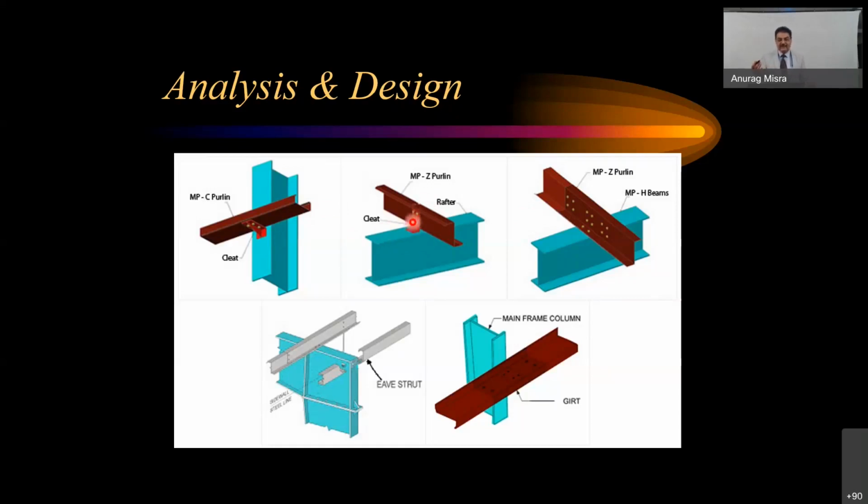Either it is welded when it is coming from the factory, or there is a provision for fixing that also at site, obviously not through welding. In pre-engineered buildings, we avoid welding at site completely. So either the supports or the components are attached to the components made in the factory, or they have to be bolted here.